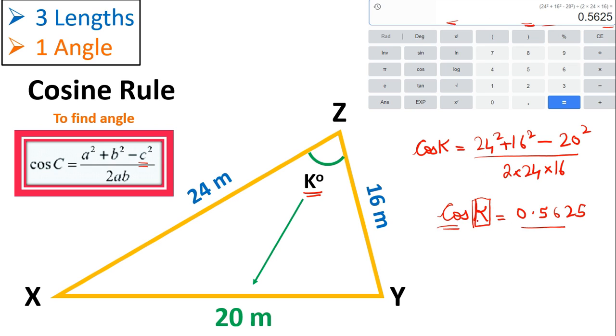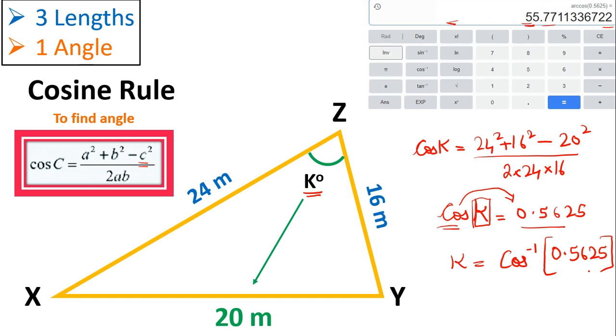For that, whatever is attached with the k goes to the other side, which means this cos goes to the other side. As also discussed in most of our previous videos, when cos, sine or tan goes to the other side, it turns into cos inverse. So cos inverse of 0.5625.